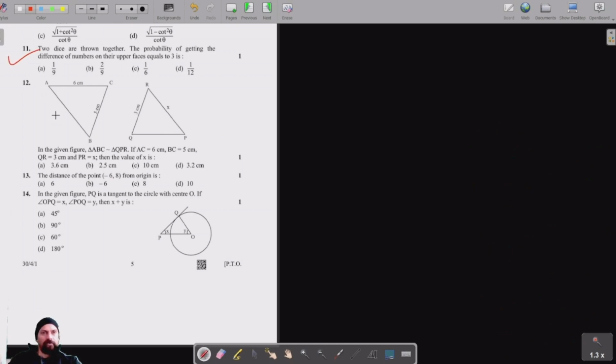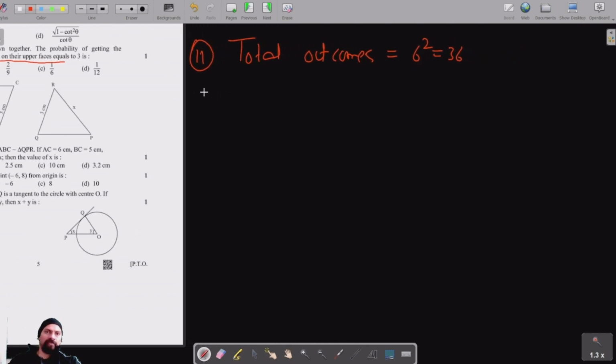For question number 11, it's given that two dice are thrown together, and we have to find the probability. So let's get the total outcomes, which are 36. Now the probability of getting the difference of numbers on their upper face equal to 3.